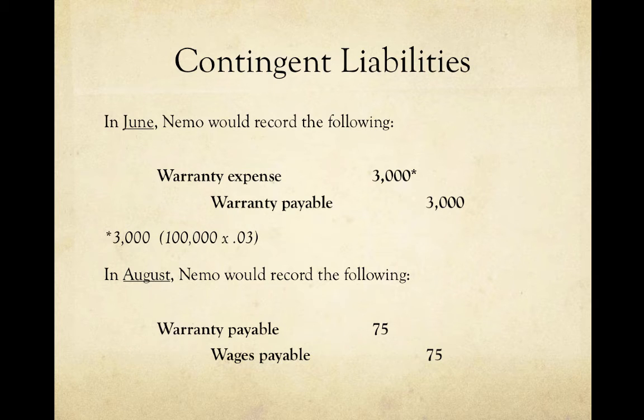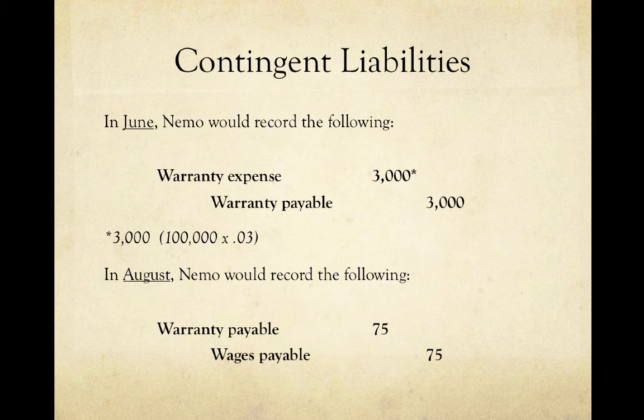So since the sales occurred in June, Nemo would record a warranty expense of $3,000 and a warranty payable of $3,000. In August, when the repairs are made, the warranty payable is adjusted.